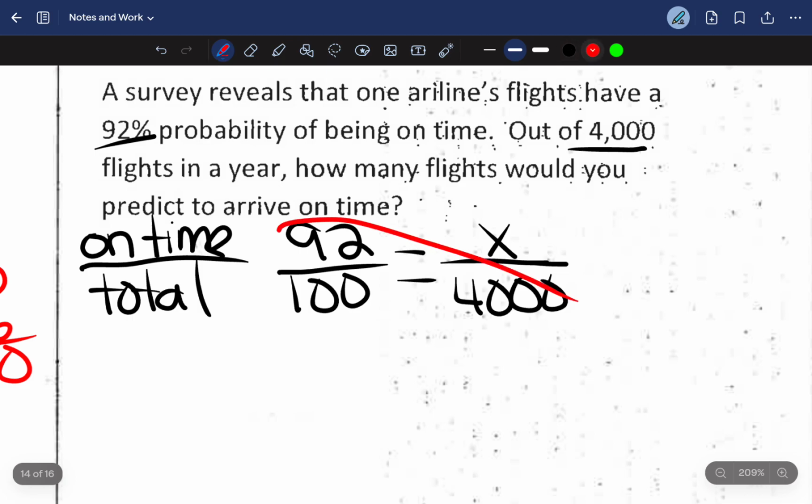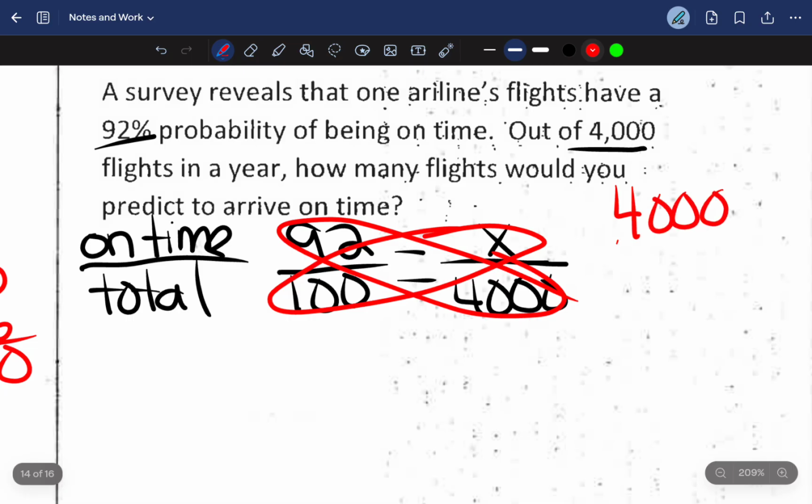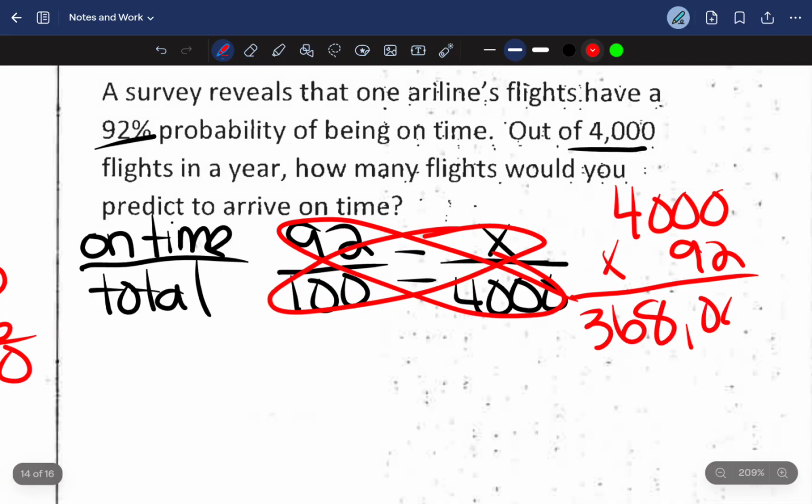Now I'm going to go ahead and cross multiply and then divide where necessary. So I'm going to write 4,000 times 92. And I've already done that one, so it's 368,000. All right, so I'm going to write 100x equals 368,000.